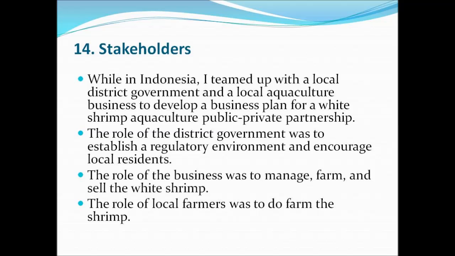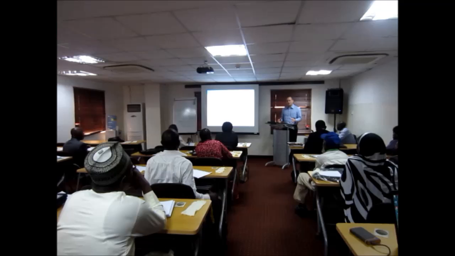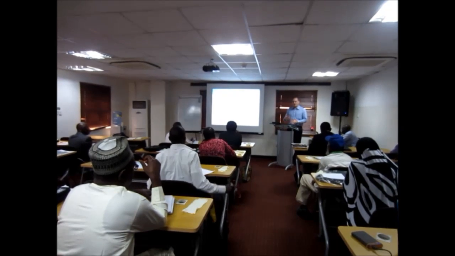Unfortunately, we didn't get the funding, but we still were able to get everything planned and developed, and I will distribute this business proposal to you so you can have a good idea of what I actually did on the ground, and then you can just take pieces of that you want to utilize in your own activities.